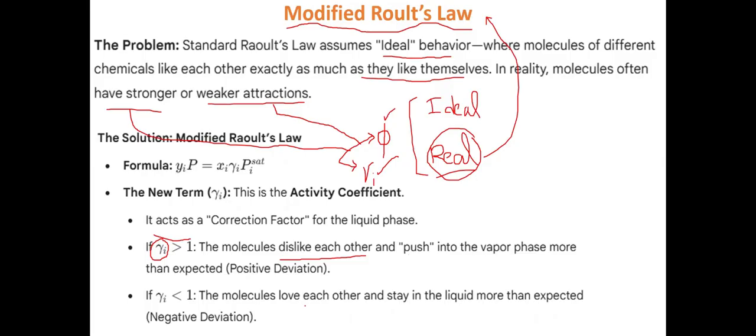And similarly, if there are more attractive forces, gamma will be less than 1. But we have to calculate what the value of that less than 1 will be. We are not getting into it right now because we are here explaining basic Raoult's law and Henry's law and their usage. So let's go ahead.